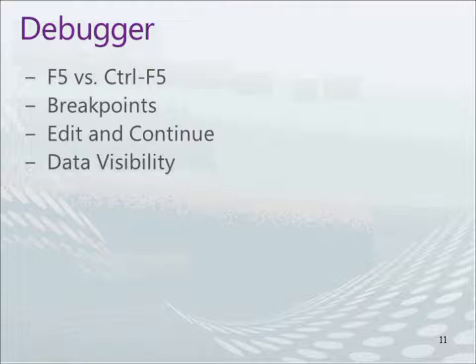Now, one of the important aspects of debugging is the ability to have the application pause at a certain point in time so that you can look at a particular area of interest. And with Visual Studio, the way we do that is we set what's called a breakpoint on a particular line of code. Setting a breakpoint is really easy. It's a simple matter of pressing the F9 key on the line of code that you want to examine.